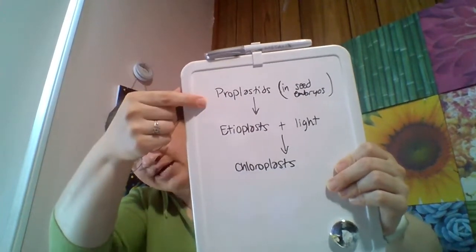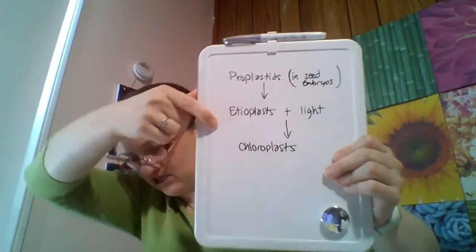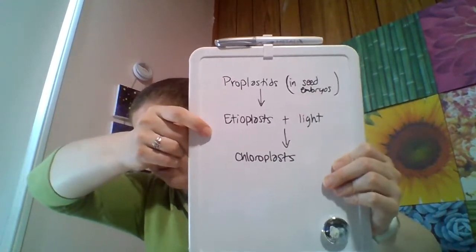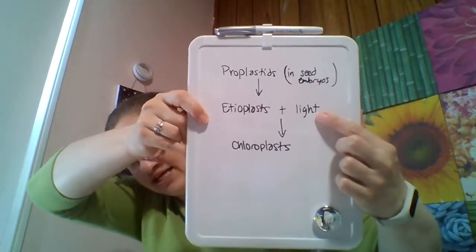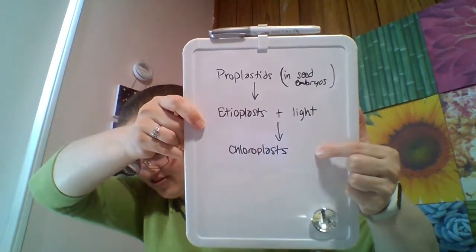So the proplastids become etioplasts, and then when exposed to light, develop into chloroplasts. And the membranes of the prolamellar bodies develop into thylakoids, as we have discussed ad nauseam previously. All right.